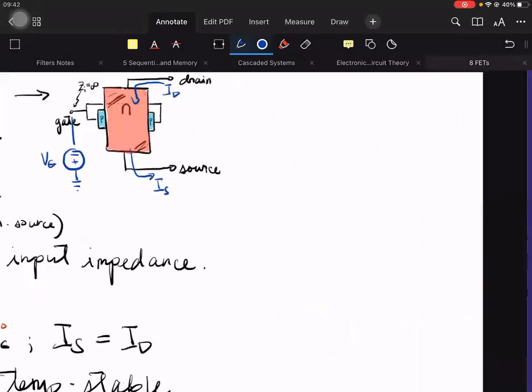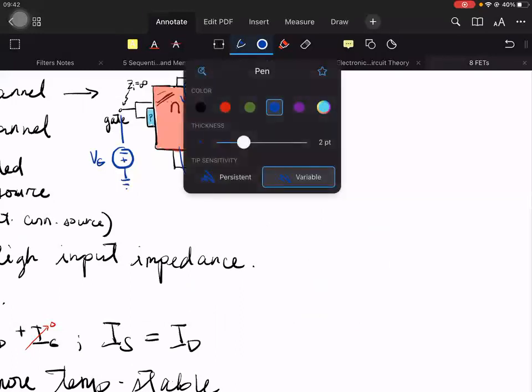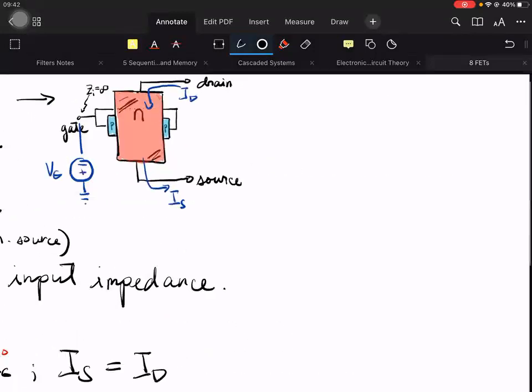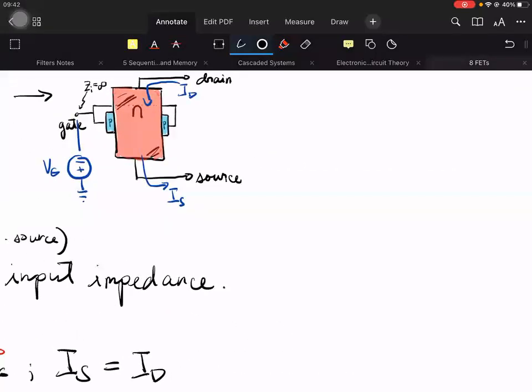So, sige, symbol, no? Because we have two types of flavors for our FET, the N channel and the P channel. So, N channel JFET. This is the symbol for the N channel JFET. Just like the BJT, when we say N, the BJT na the NPN.